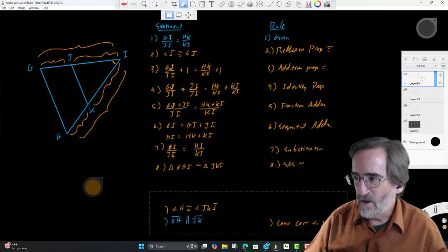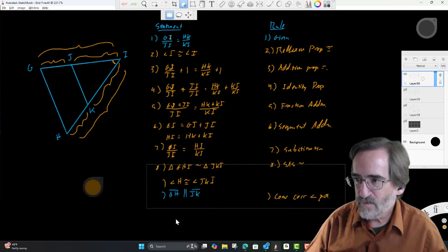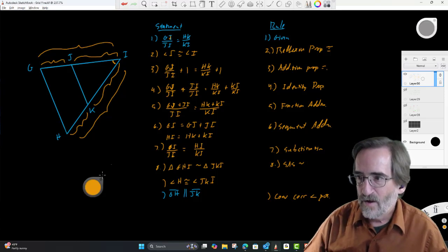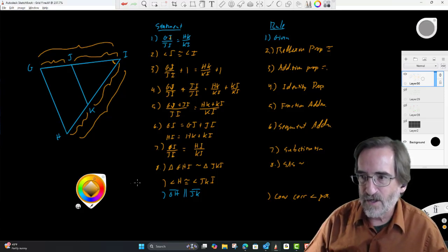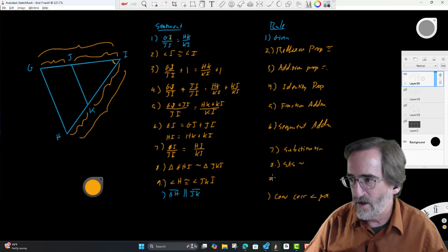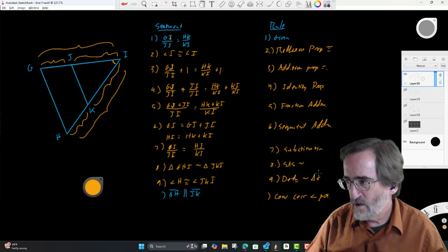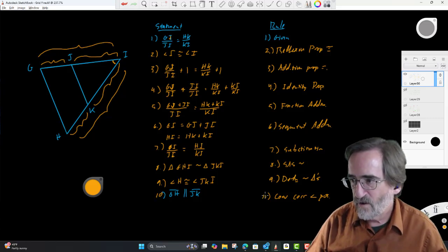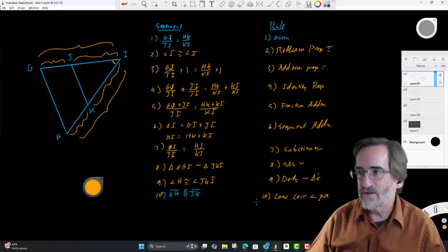I can bring up my last steps. Angle H is congruent to angle JKI because they're corresponding angles of similar triangles. So 9, that's the definition of similar triangles, that the angles are congruent. So GH is parallel to JK, 10, by the converse of the corresponding angle postulate.